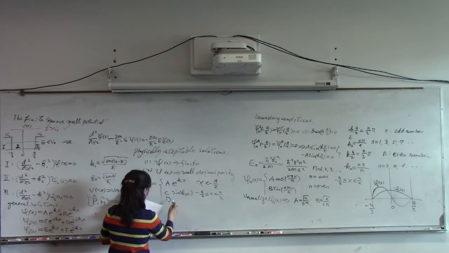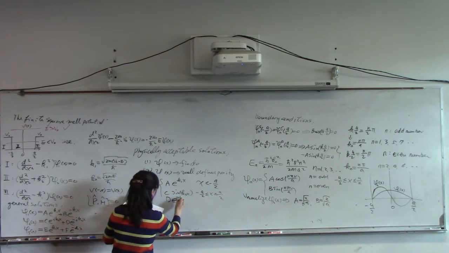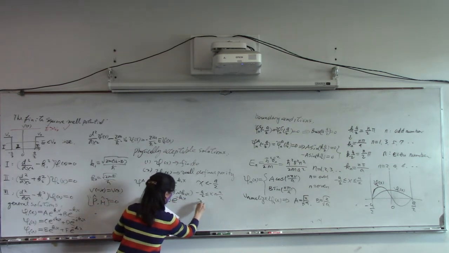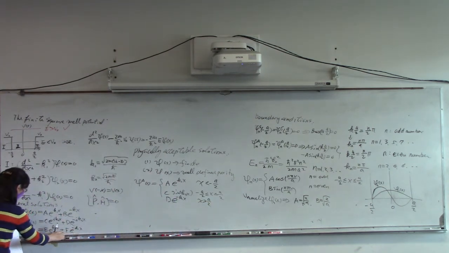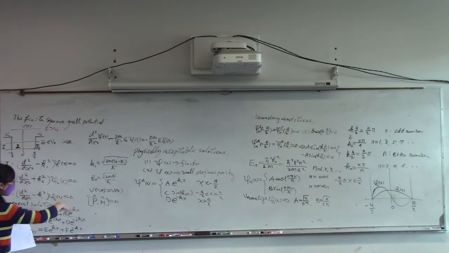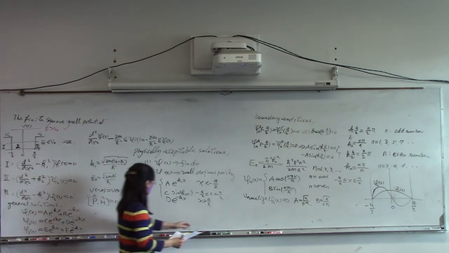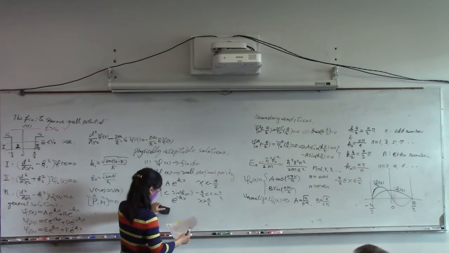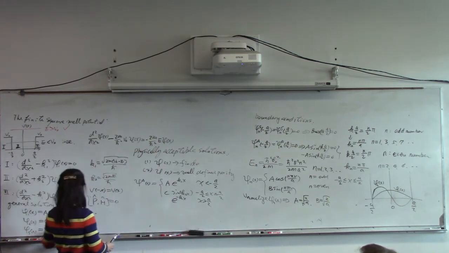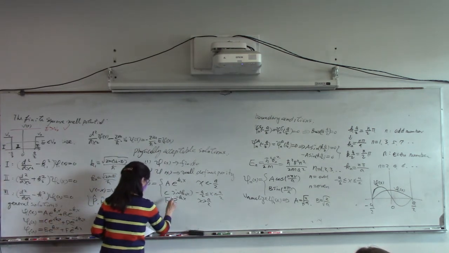Now here, e to the minus K1x, right? For this case, we drop this one. Okay, sorry, the coefficient, if we use a coefficient here, instead of D it's F.